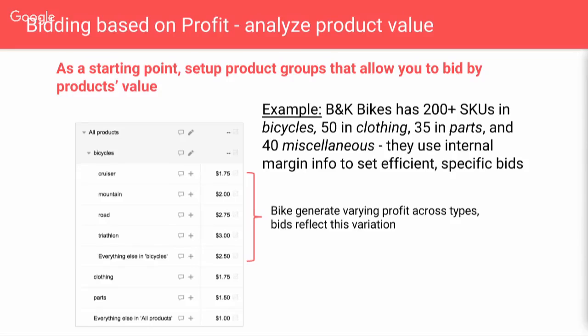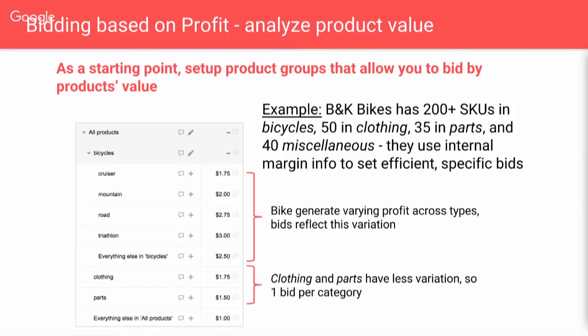So you can bid based off of profit in order to analyze better your product value. So as a starting point, you can set up product groups that allow you to bid based off of this product's value. So in this example, we're going to use B&K Bikes that has over 200 SKUs in bicycles, 50 in clothing, 35 in parts, and 40 in miscellaneous. So they use internal margins to set efficient and specific bids, as we can see here.